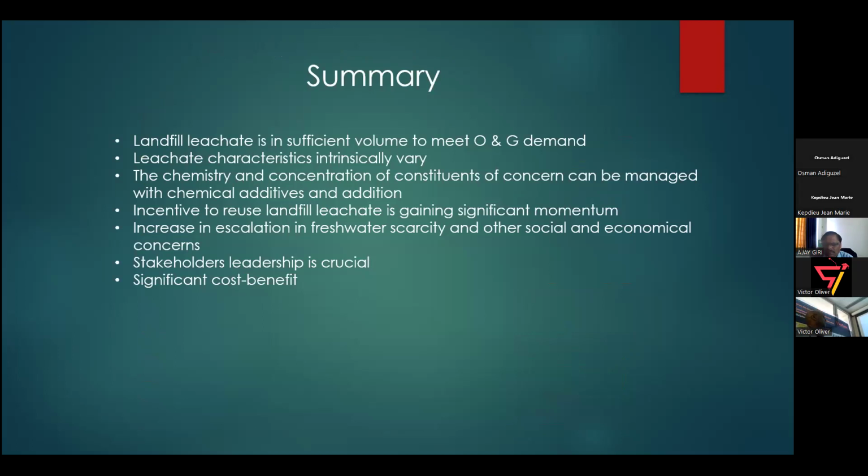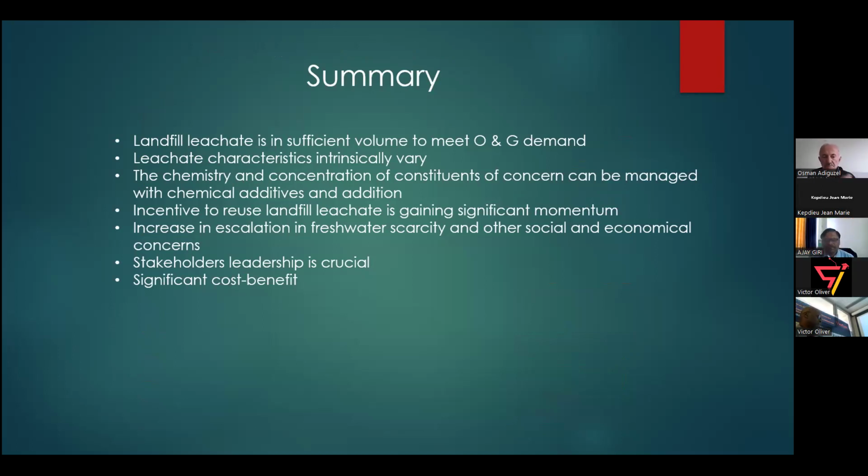In summary, landfill leachate is available in sufficient volume, as already alluded to. The characteristics vary from site to site, but nonetheless it can be used. There are some good parts and some bad parts. The chemistry and concentration of constituents of concern can be managed with chemical additives.